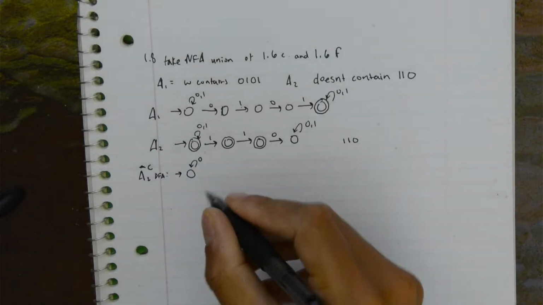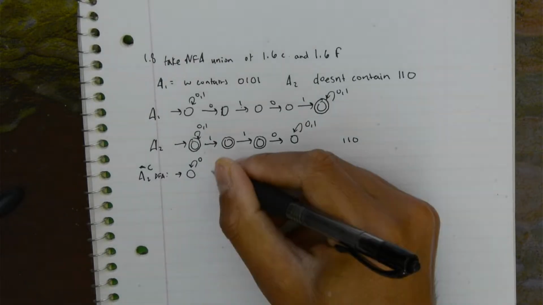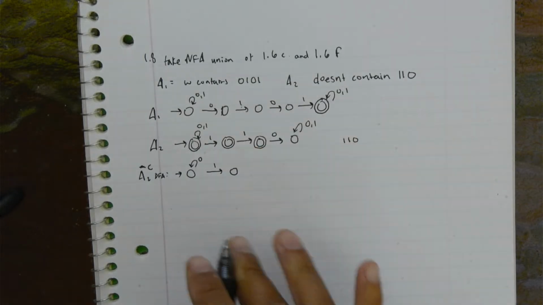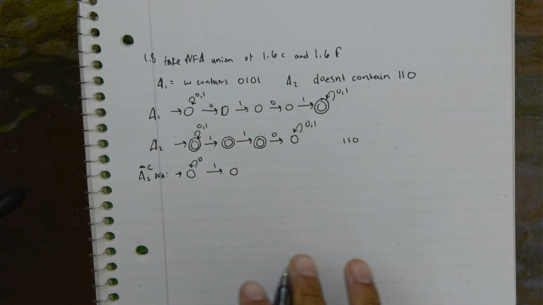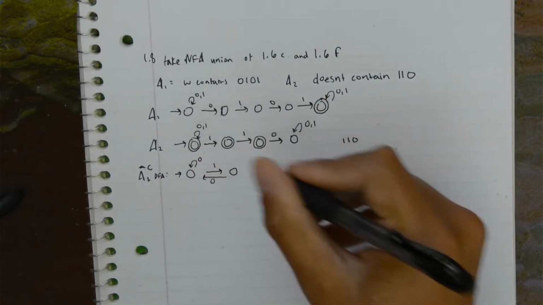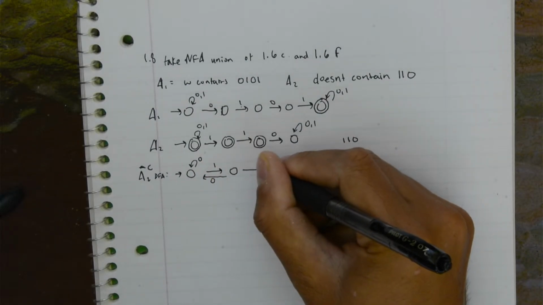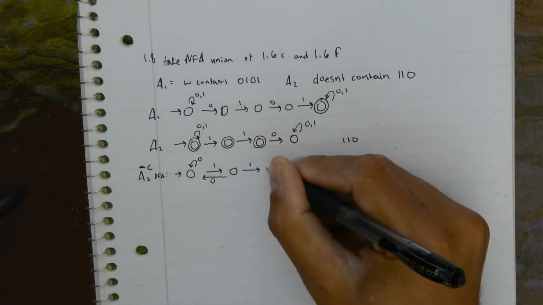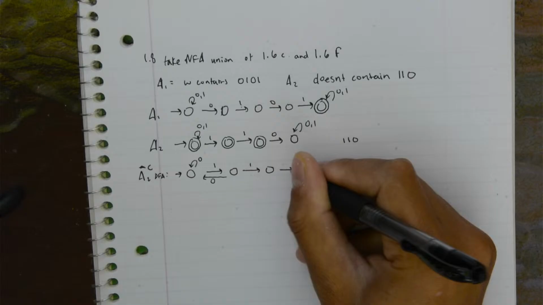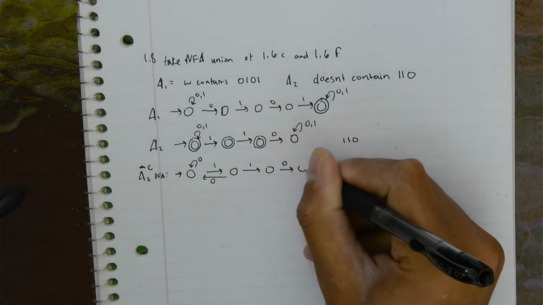So if you start here, you can do as many zeros as you want, but once you get a 1, you go over here and you're sort of starting off assuming that, but if you get a 0, you go back to here. If you get a 1, you're continuing on. And if you get a 0, then you're in the accept state.